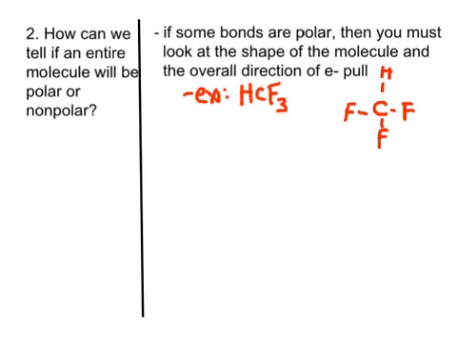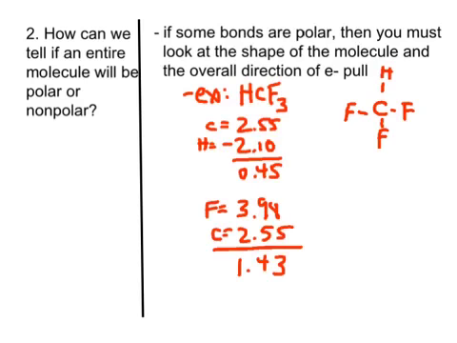Now, if we take a look at the difference in electronegativities for both bond types, we're going to look at the carbon-hydrogen bond, and then also the carbon-fluorine bond. We can see here that the carbon-hydrogen bond is a non-polar bond. Nobody's winning the tug of war there, the electrons are shared pretty equally between the carbon and the hydrogen. However, between fluorine and carbon, there's a little fight going on.